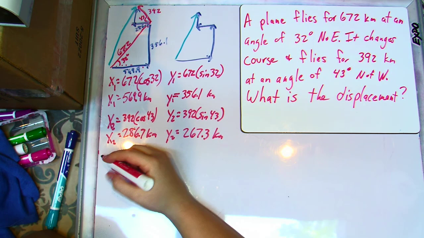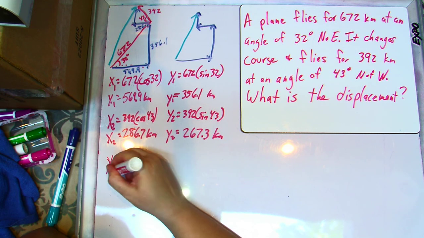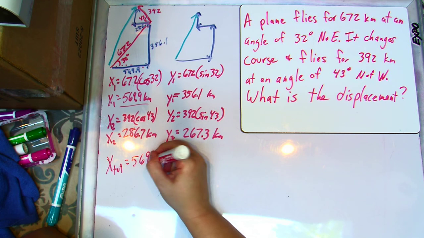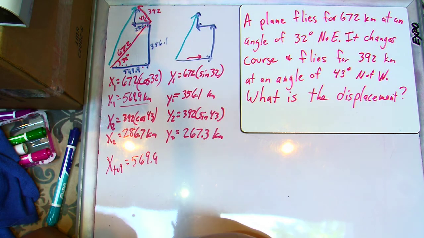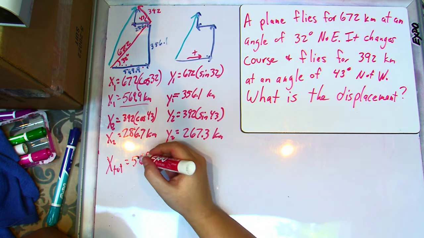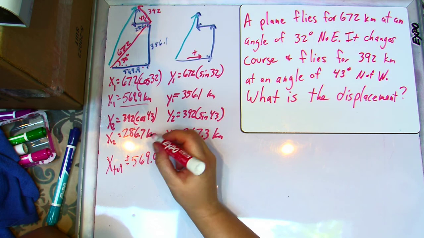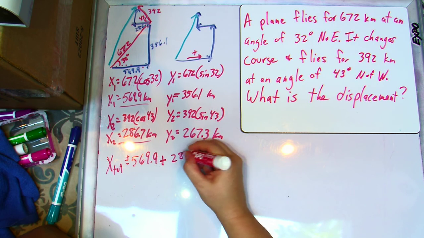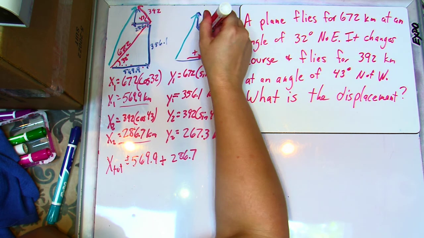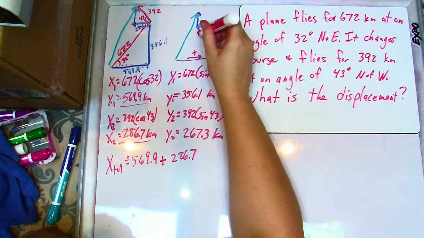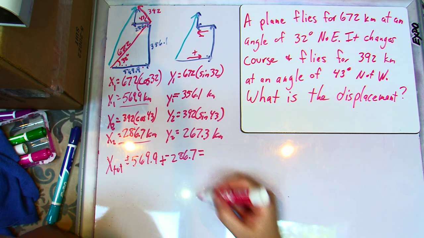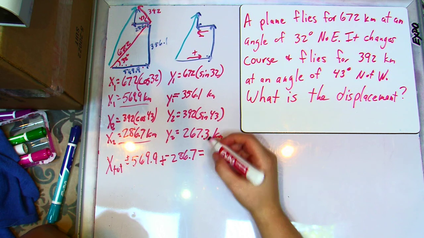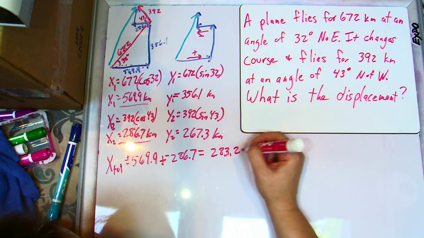Well, x total would equal first one, 569.9, which is heading east, so it's a positive number, plus 286.7, but look at this one. It's heading to the west. It's a negative number, so we're going to subtract the 2. And that will give us 283.2 kilometers.